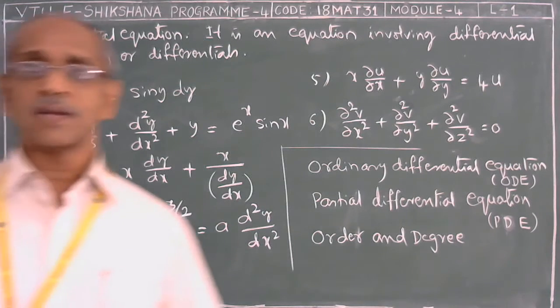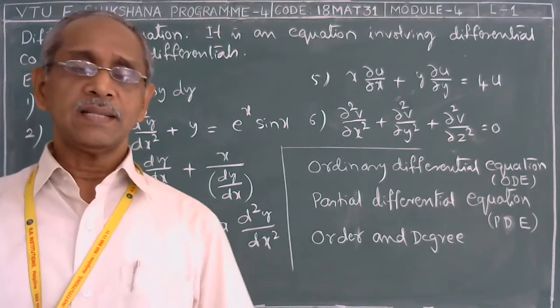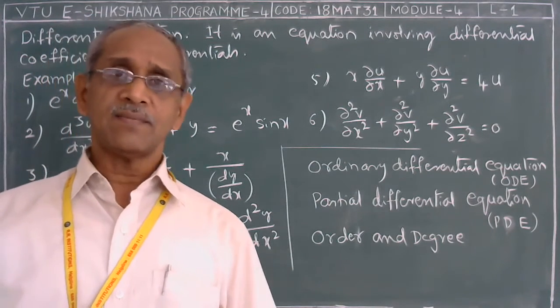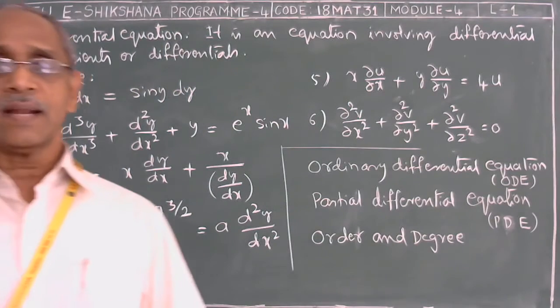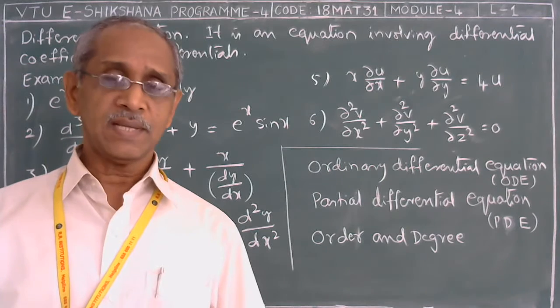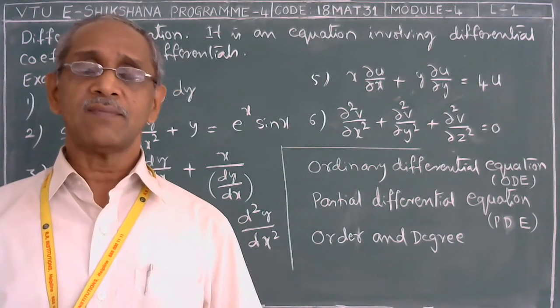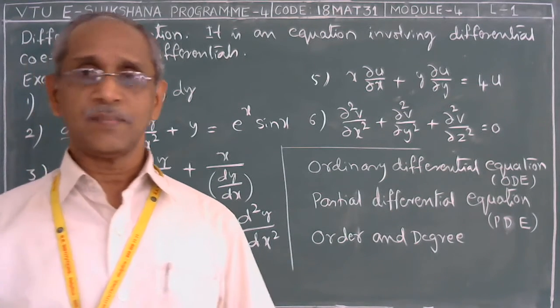Order of the differential equation is the order of the highest derivative that occurs in it, and degree of the differential equation is the degree of the highest derivative that occurs in it after expressing it free from radicals and fractions as far as the derivatives are concerned.